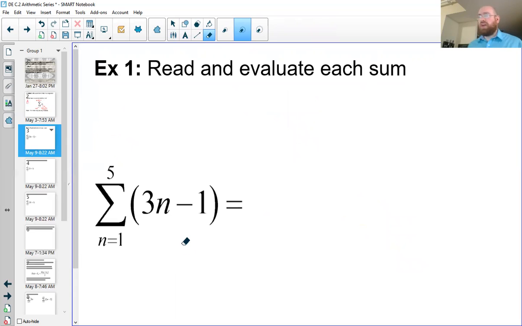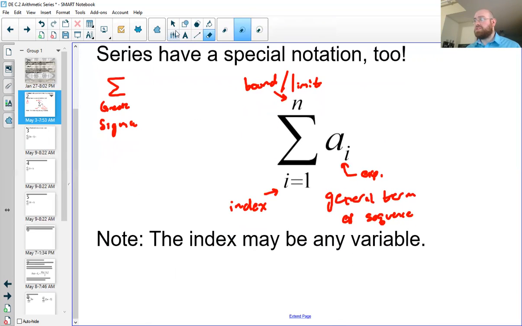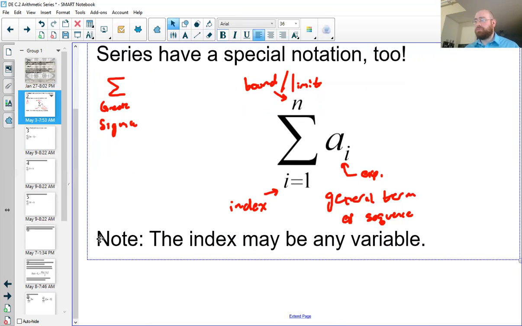If we want to evaluate some sums, we first need to identify... that reminds me, I didn't actually say how you read this, which is an incredibly important part.